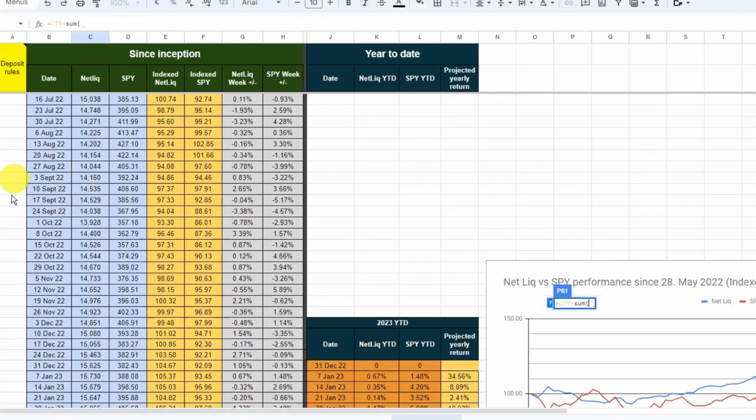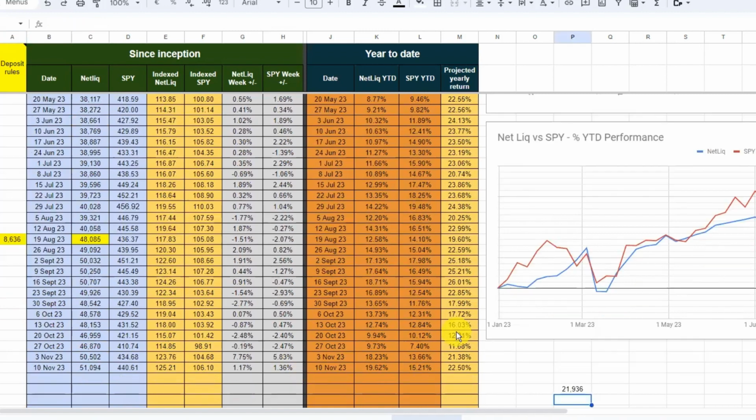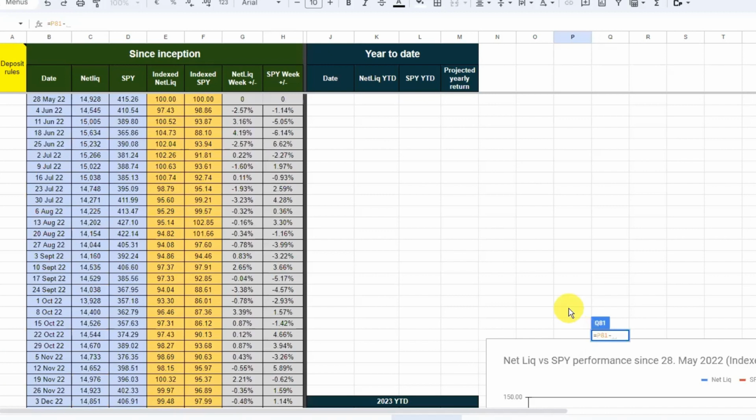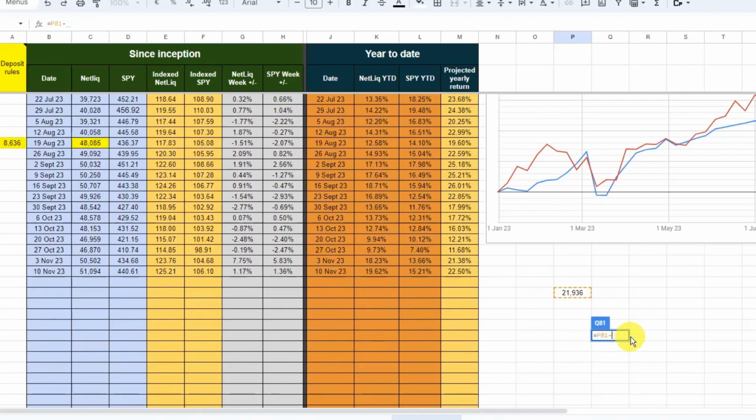Let me see if there is no, there's no. Okay, so let's add all of this together. Then we take this number, and we take equals this one minus what is going to be C3 as our starting point, right? C3, just bear with me, minus C3. You will get this number, and then you take equal this number divided by C3 again, and turn this into percentage.